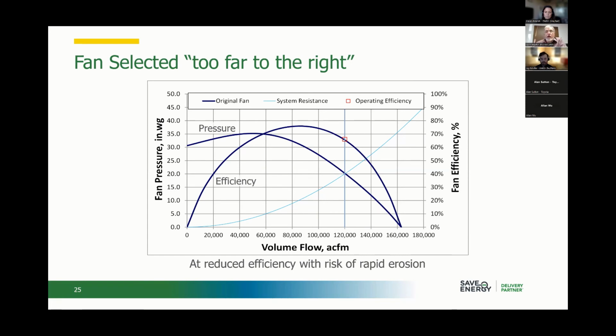You can see the problem with this fan here is that because the system resistance is much lower, you're moving a lot more flow, but you're doing it at a much lower pressure. If you go back to your efficiency curve, you can see that efficiency has in fact dropped quite a bit from where the peak was.